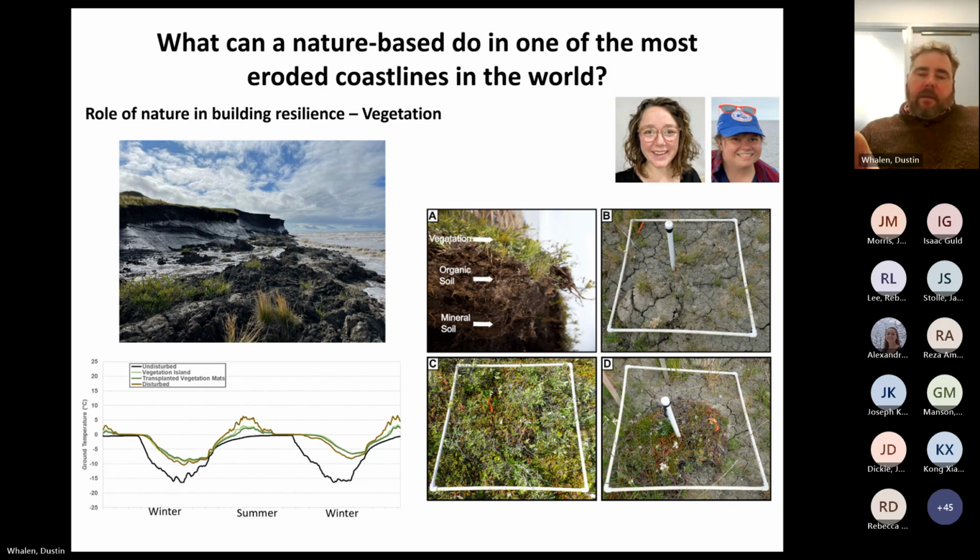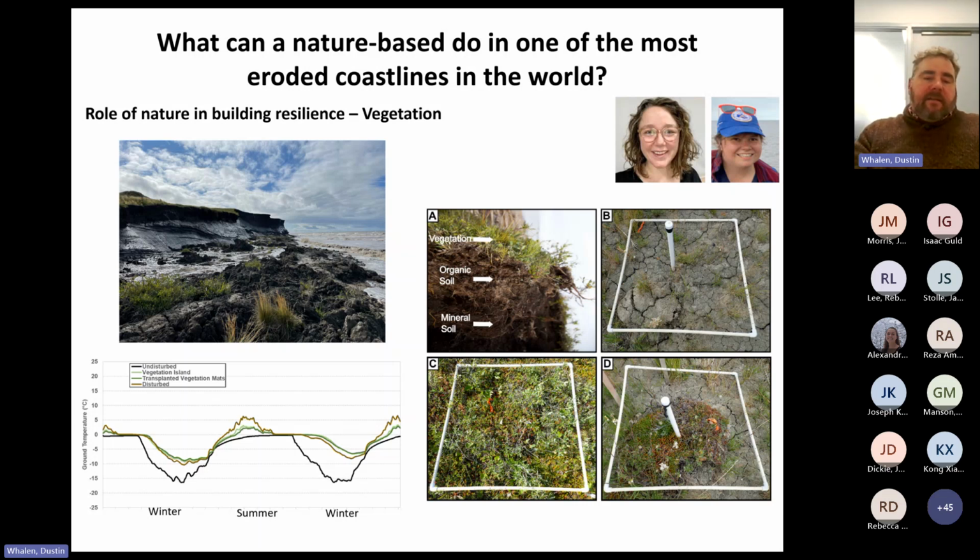They looked at bare ground, they looked at the vegetated ground, and then these transplanted vegetated mats. And these are the vegetated mats that are eroded off the cliff and are kind of in along the flow. And the flow doesn't happen all the time, right? It stops and starts depending on the temperature. So there is some hope that these revegetated mats may start growing again.